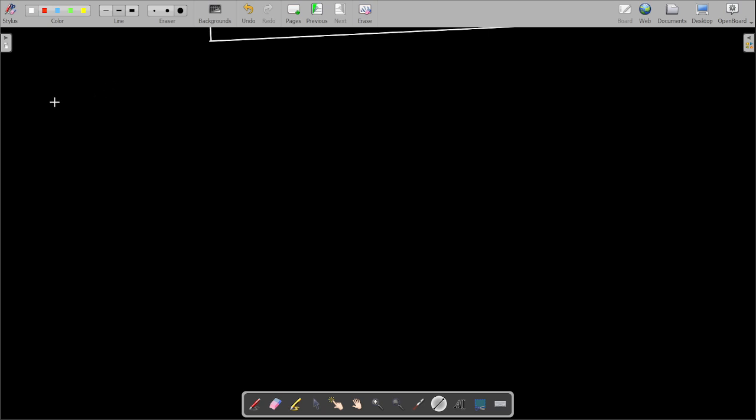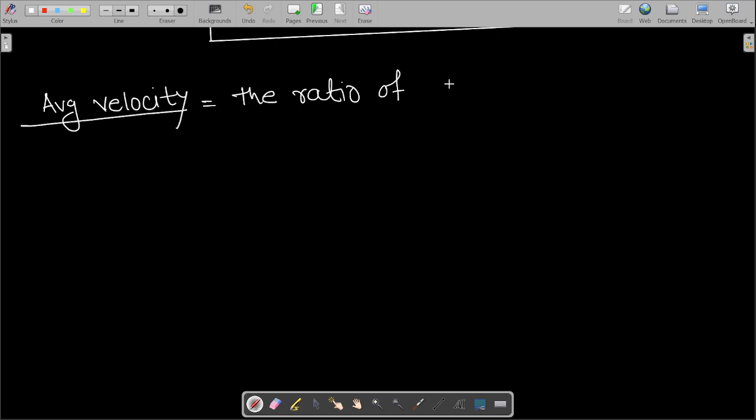Now see what is average velocity. Okay, it is nothing but the ratio of total displacement with total time.